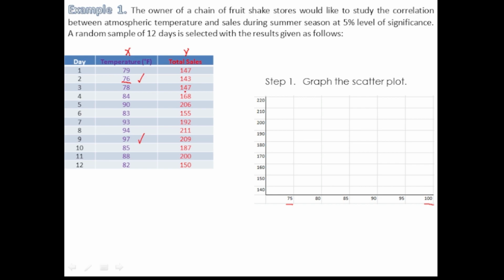Same with y. Okay? With y, ang pinakamababa po dito ay itong 143 at yung pinakamalaki ay 211. So kapag dito naman, sa vertical line, ginawa ko ay siyempre 143.